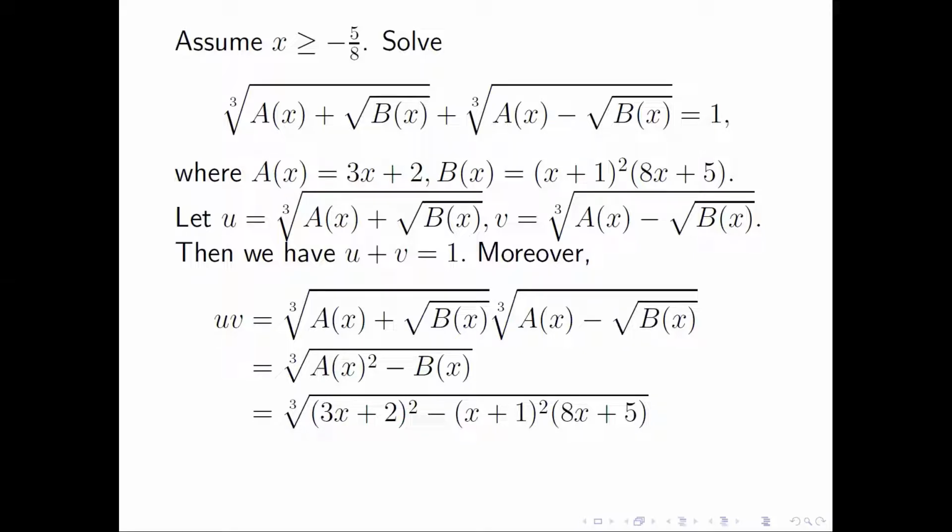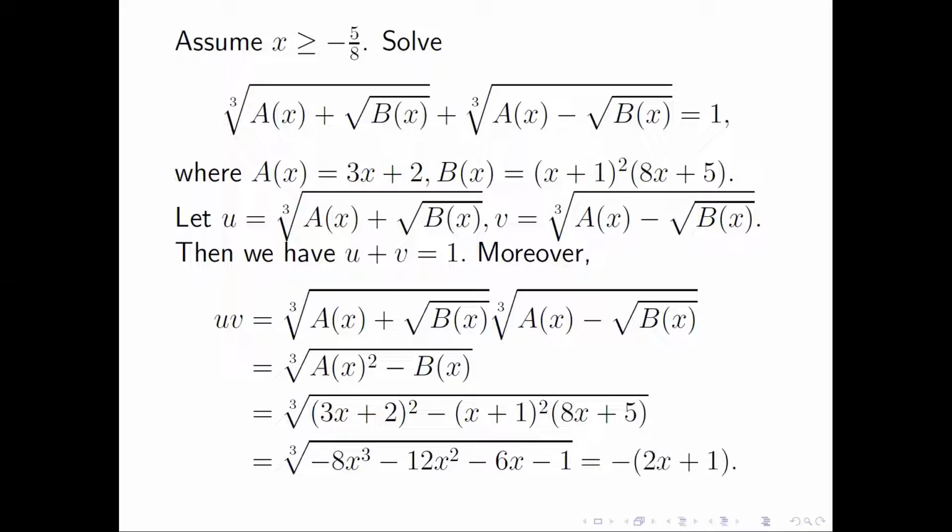Plug in the polynomial, expand it, and combine the like terms, we got this. This is actually a perfect cube. The cubic polynomial is actually the cube of negative of 2x plus 1.